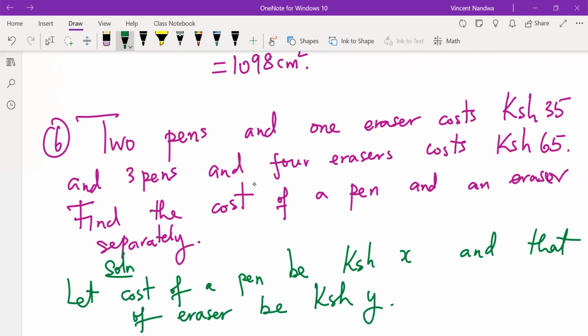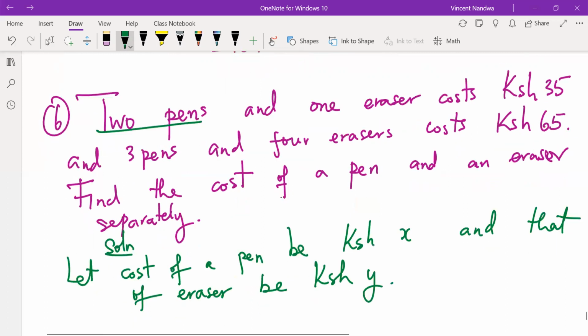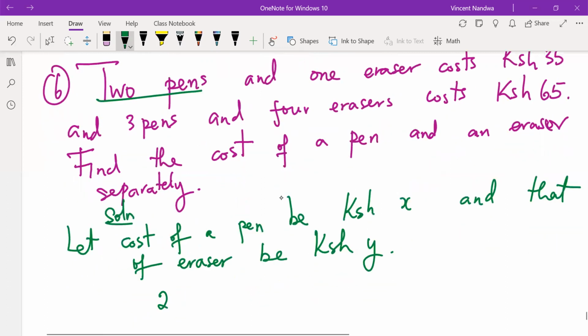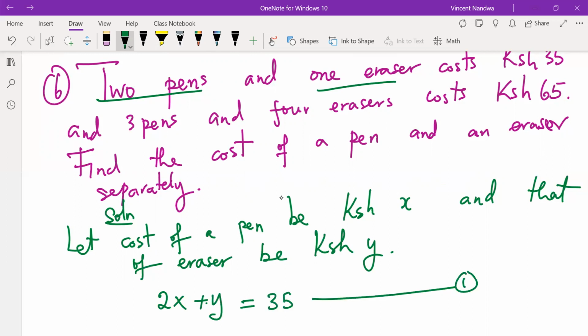So we are saying that a pen costs X shillings and we are buying 2 pens, then you'll have 2 times X. 1 eraser is Y shillings. So this will give us a total of 35. So this forms equation 1.